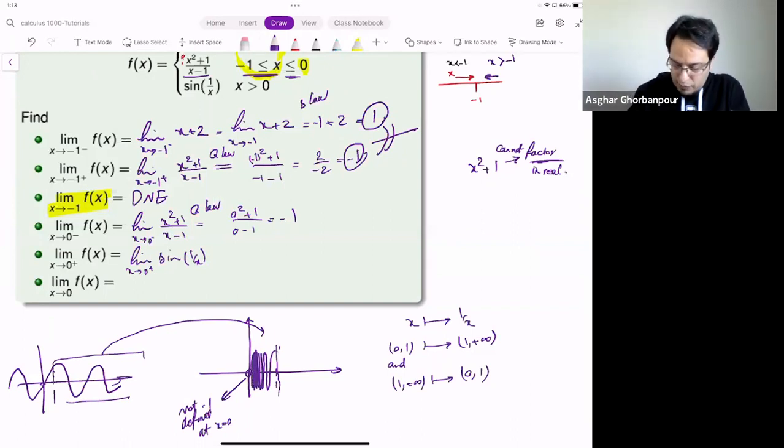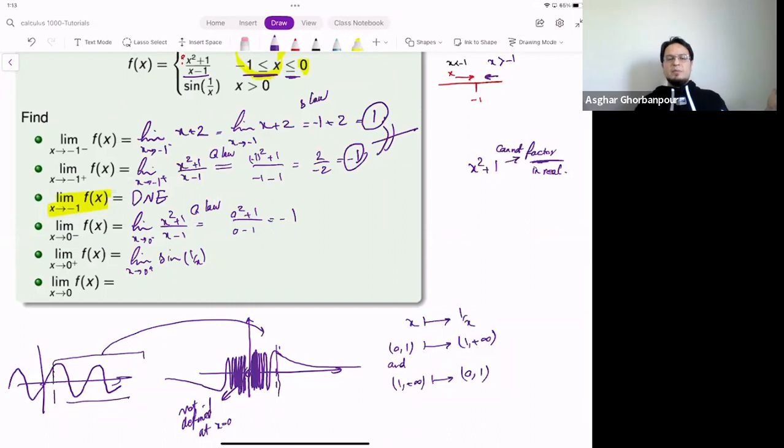And then from that point on, it will be something like this. And on the other hand, something like this. But as you see, as we get closer to this point, from left or right, doesn't matter, it just starts doing crazy things.